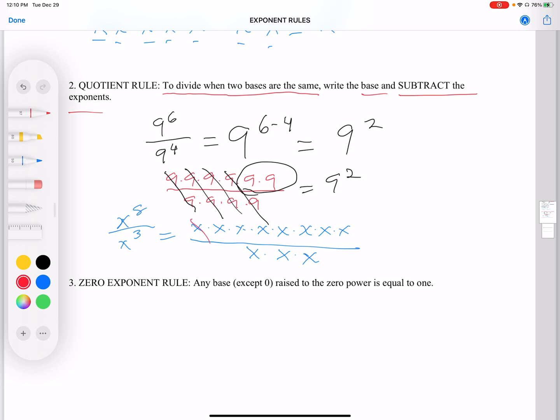This cancels out with this one. This cancels out with this one. This cancels out with this one. And we're now left with 1, 2, 3, 4, 5 x's. Okay? Would have been the same thing as me just subtracting 8 by 3 and just keeping the base.